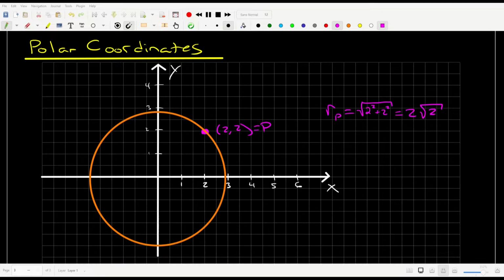If we also consider the angle of this point P away from the x-axis, this is something that we can compute directly using trigonometry.